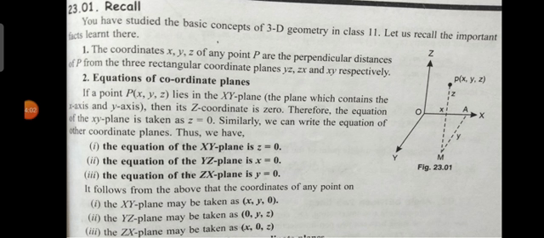And on the xz plane, the point is (x, 0, z), y is 0 there. And last is the yz plane, there it is (0, y, z), x is 0.